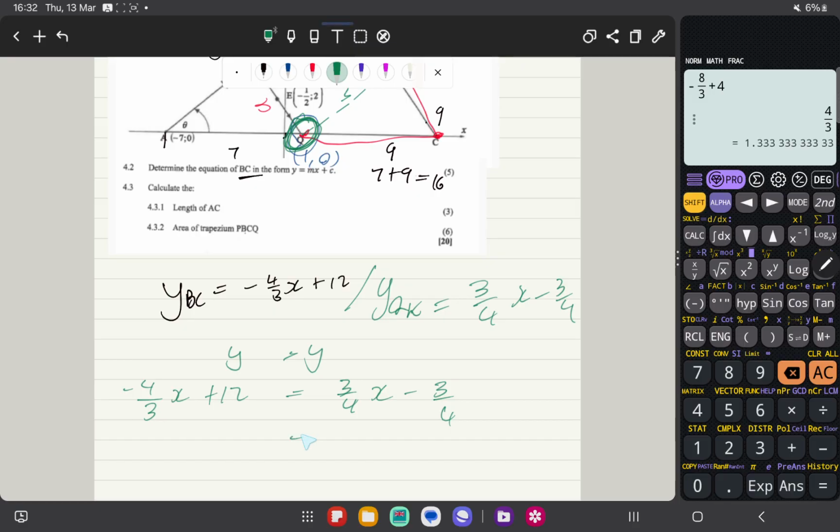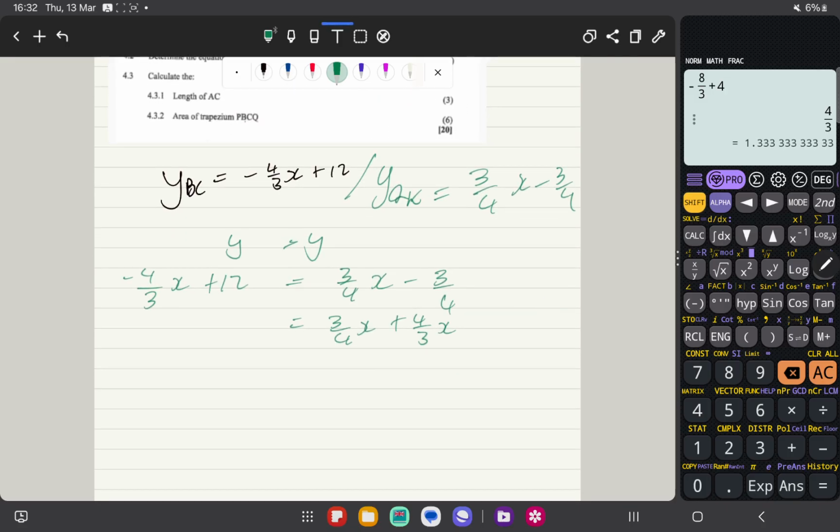I can transpose the x's: 3/4 x plus 4/3 x. Then this side I'll have 12 plus 3/4, right? I'm going to use the calculator. It's going to help me be fast.